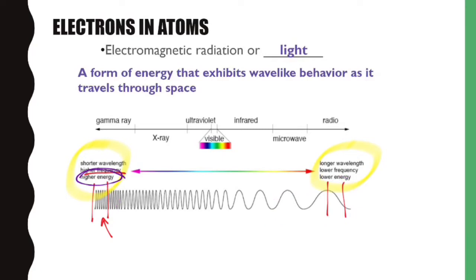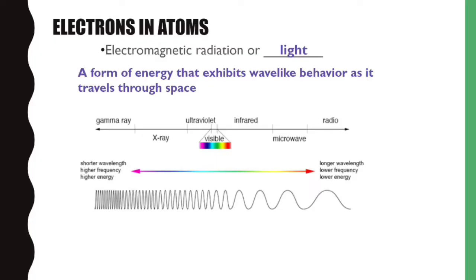You can shake that string a little bit slower and with less energy to get those same waves. So these are the numbers and properties we're comparing in those calculations. But you can see those relationships here on the spectrum.